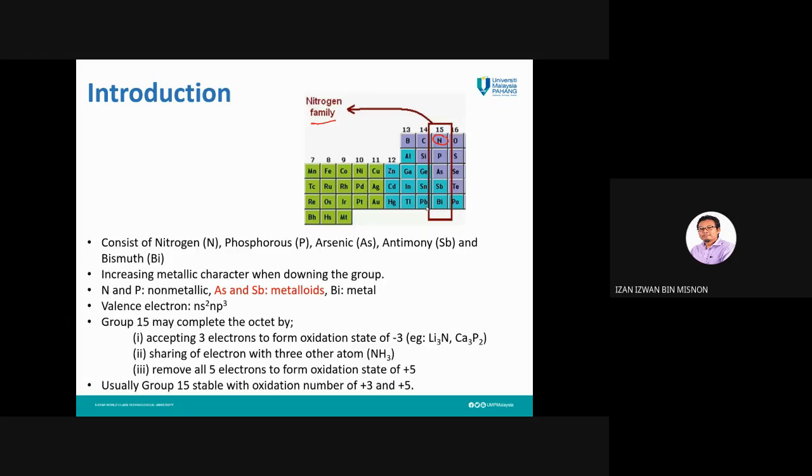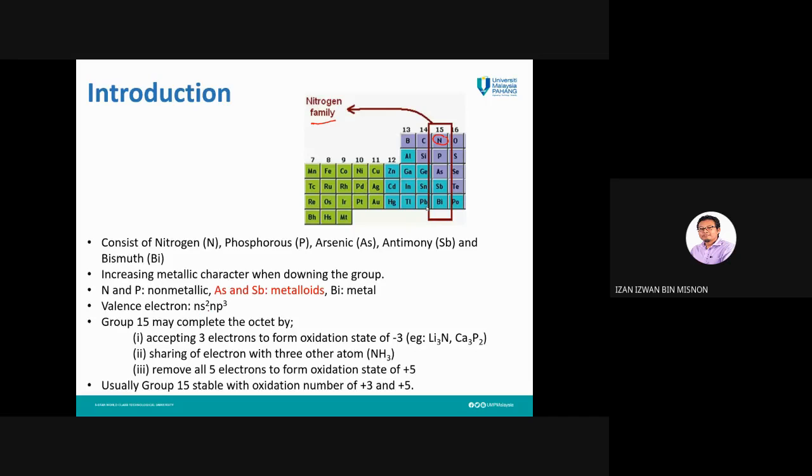Group 15 consists of nitrogen, phosphorus, arsenic, antimony, and bismuth. When going down the group, the metallic character is also increasing. Nitrogen and phosphorus are non-metals, arsenic and antimony are metalloids, and bismuth is a metal.